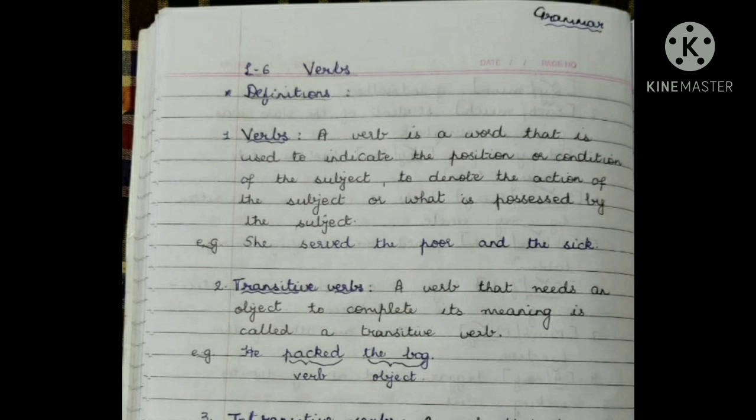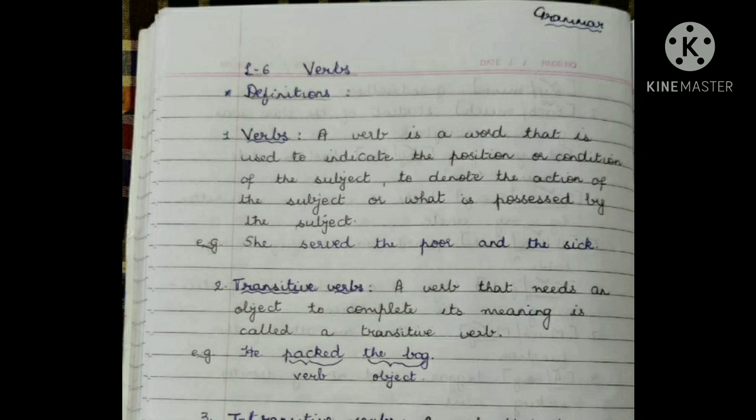So we can say that a verb is a word that is used in a sentence to indicate the position and condition of the subject, or to denote the action of the subject, that is, what action the subject of the sentence does. That is shown by the verb, and what is possessed by the subject.